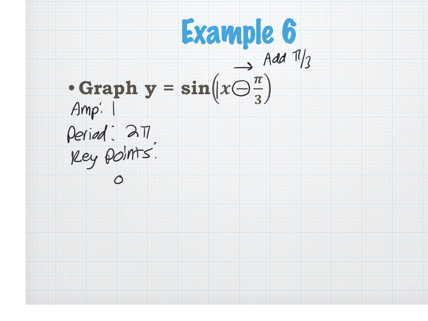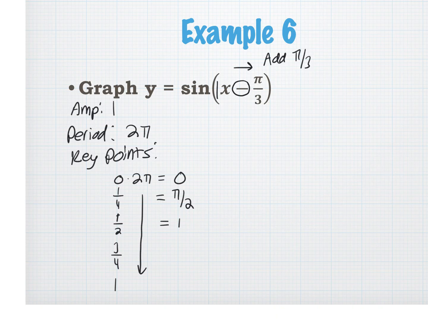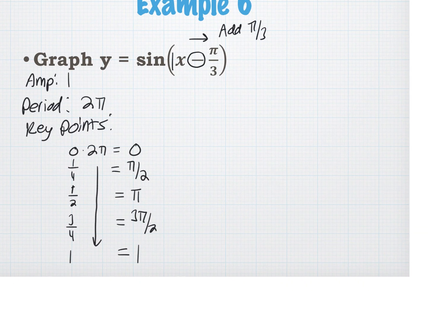For 2 pi, it's going to be 0, a quarter, 1/2, 3/4, and 1. And then I'm going to do times 2 pi all the way down, right? I'm not really going to show that process, right? This is going to get a 0, pi over 2. Right? I think by now we can kind of get the idea, right? 3 pi over 2, and then 1, all right?